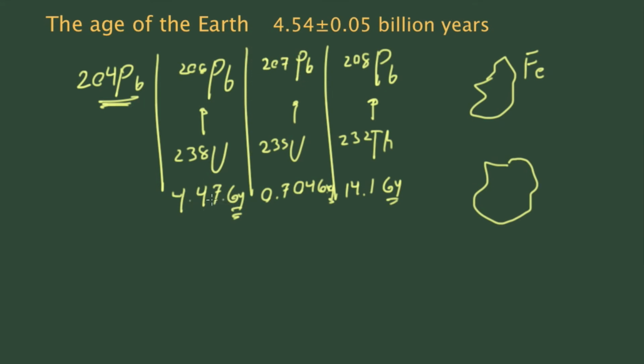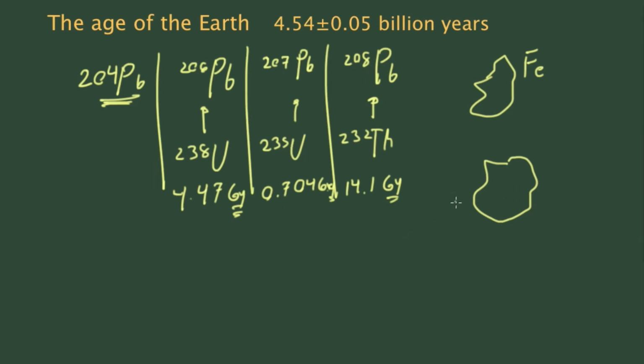By knowing that amount and the half-life, you can determine how many gigayears have passed since this rock was formed. So this is how scientists determine the age of the Earth, by comparing these two samples and their isotopic ratios, and they arrive at this magic number.